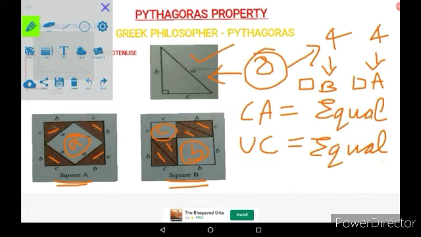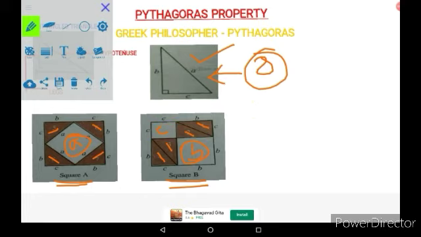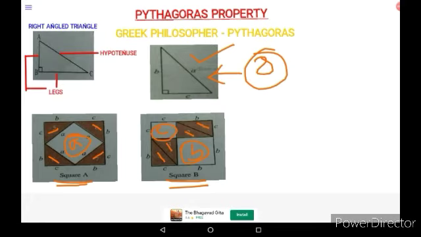Now I'm just clearing the screen so that we can summarize everything that we have studied till now. So we have understood that A square is equal to B square plus C square. Now what is this A square?